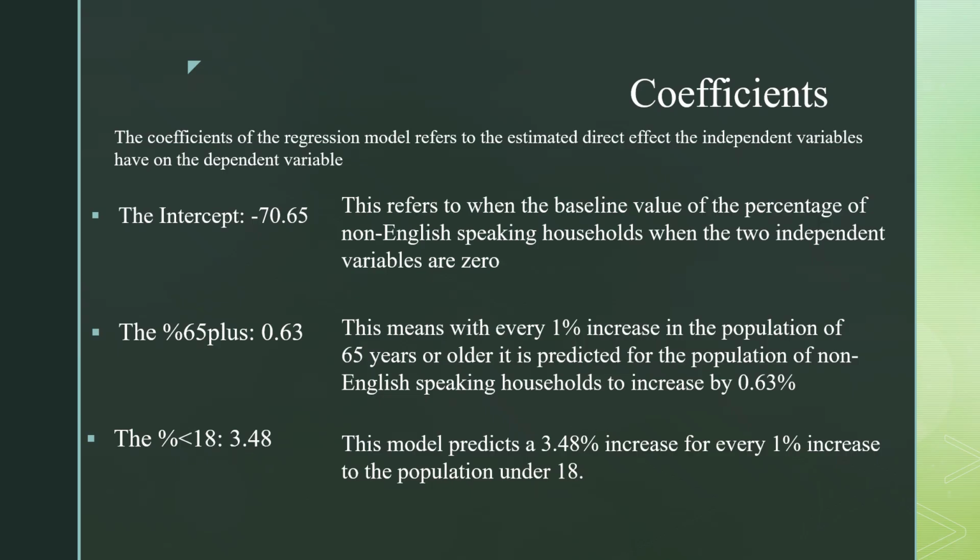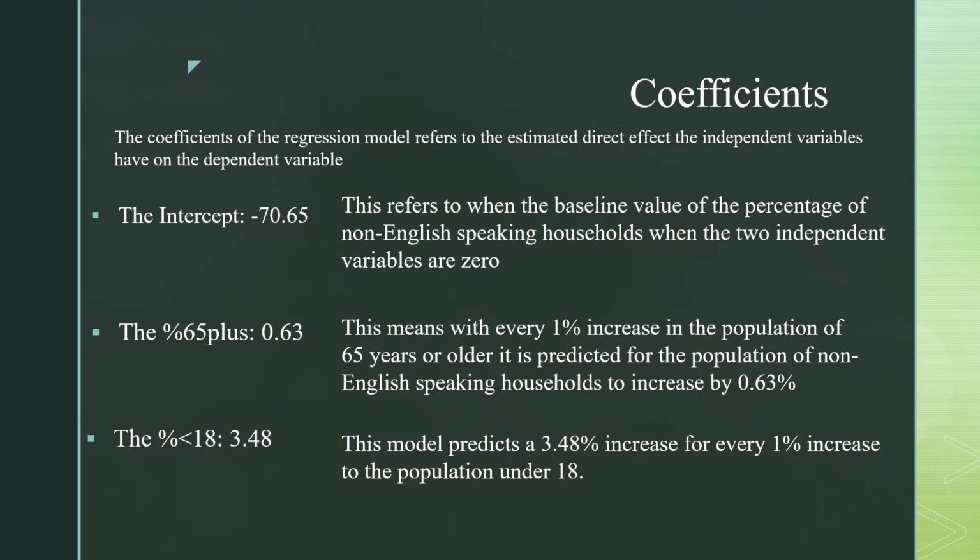The percentage of the 65 or more age group has a positive coefficient of 0.63, which means for every 1% increase in the population of 65 years or older, it is predicted that you'll have a 0.63 increase in the percentage of non-English speaking households.